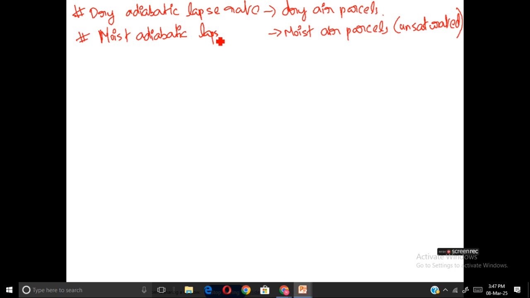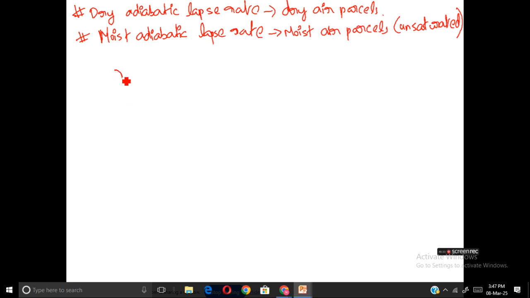So till now, the term that we have been using is the dry adiabatic lapse rate, which is applicable for a dry air parcel in which there is no moisture content. But here we are considering air parcels which are moist, which means even unsaturated, it has some amount of water vapor within the parcel. So let's see how we can derive the equation for moist adiabatic lapse rate.